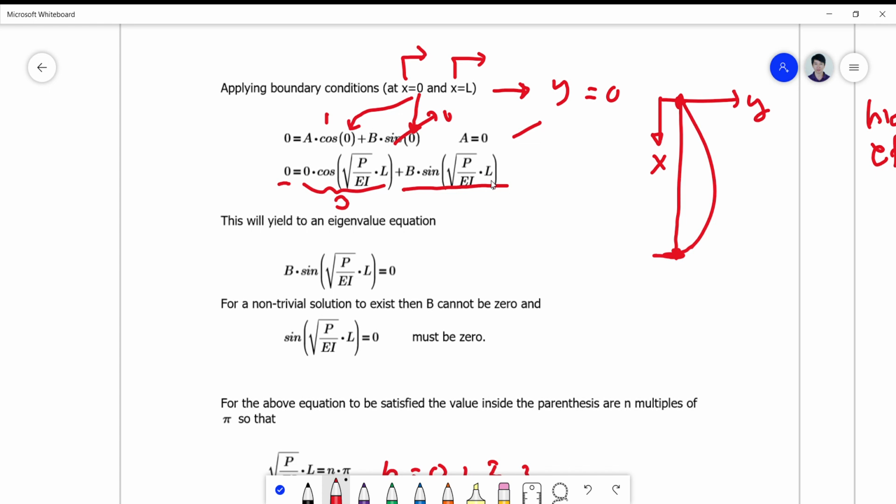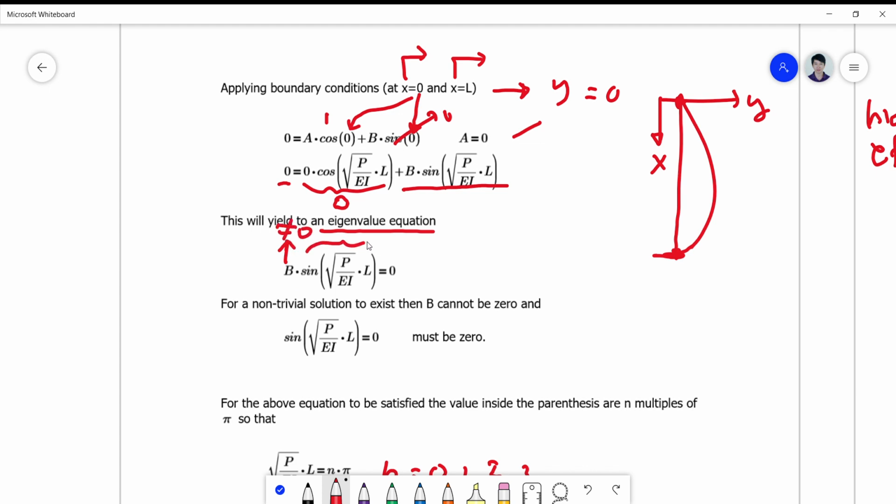Okay, so what is your value of A? A is 0, so this whole term becomes 0. And B sine square root of P over EI L is called an eigenvalue equation. And this eigenvalue equation will give us a value of B not equal to 0.